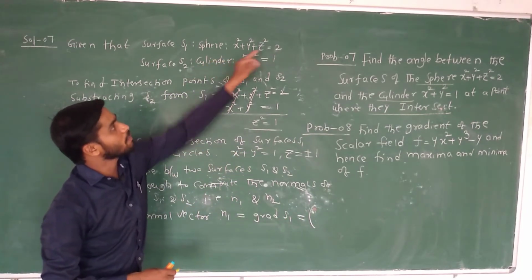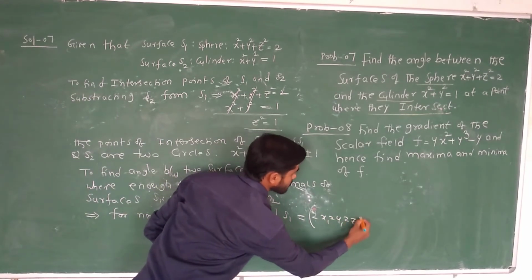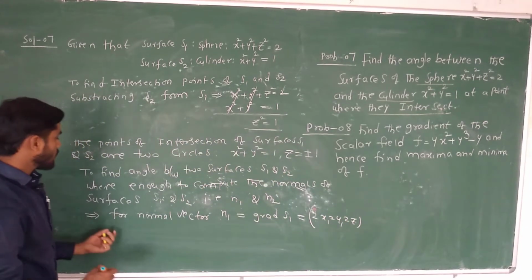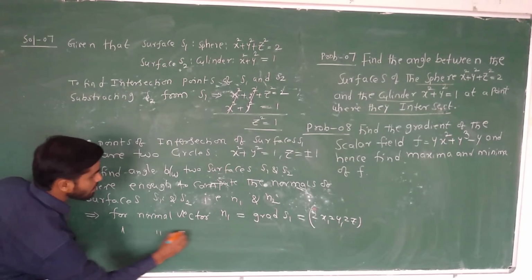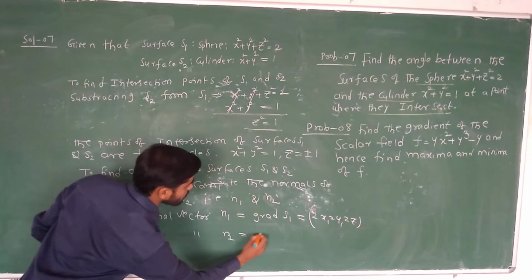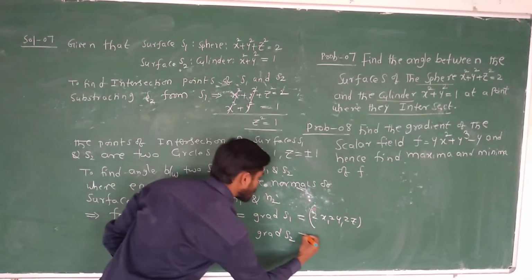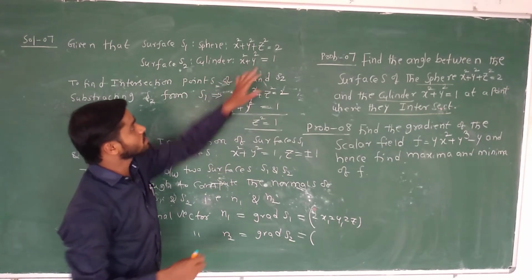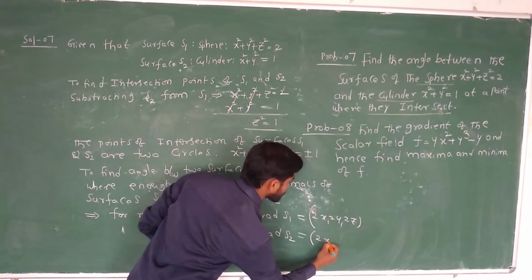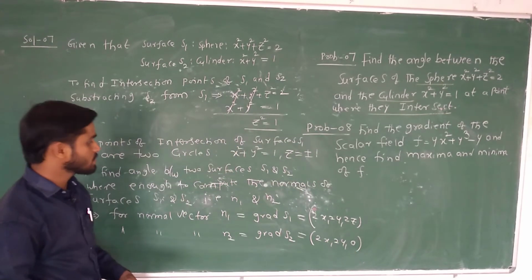It is 2x comma 2y comma 2z. And similarly, for normal vector N2, the gradient of surface S2 is 2x comma 2y comma 0, as there is no z component, so that will be 0.